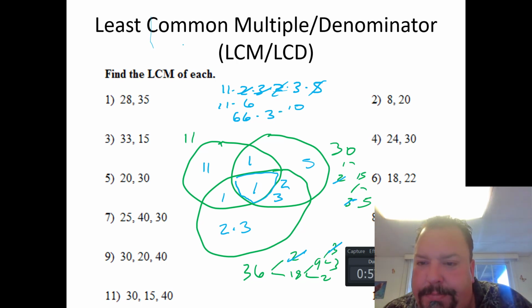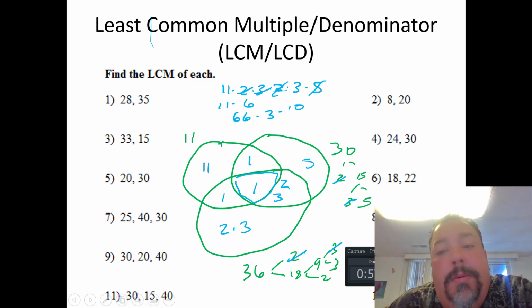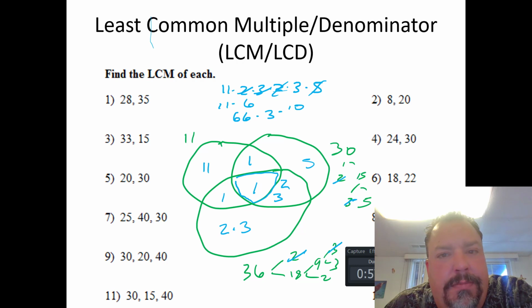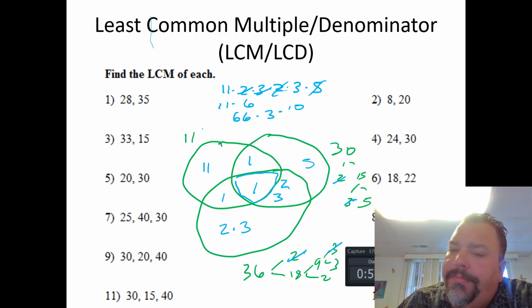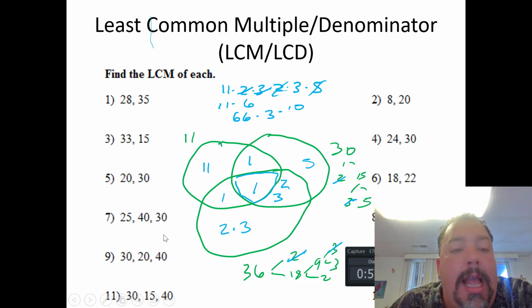So 1980. So the LCM is the product of all those factors, the whole union of all of them. So that's 1980. And this should cover the material that you need for quiz 1.